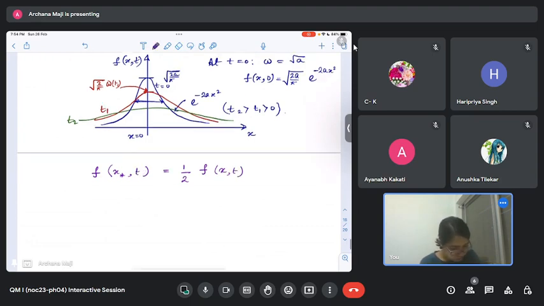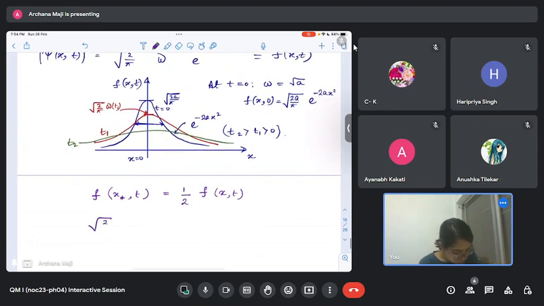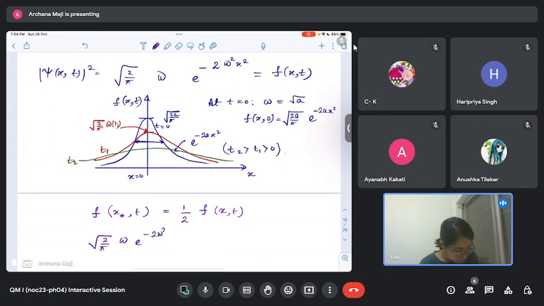Square root 2 by pi omega exponential minus 2 omega square x star square is half of the maxima.